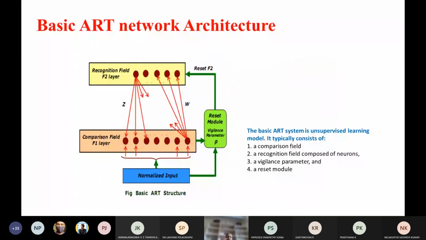So this is the basic ART network architecture. It consists of 2 layers. The first layer is the input layer, which is considered the F1 layer, and the second layer is the F2 layer, which is considered the output layer. The input layer is considered the comparison field, and the output layer is considered a recognition field composed of neurons.